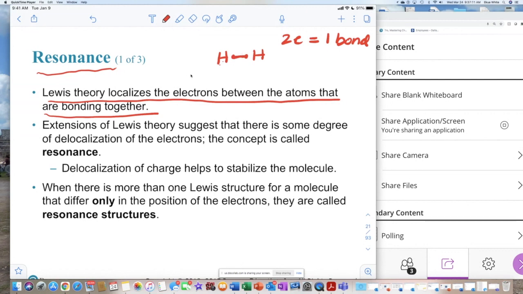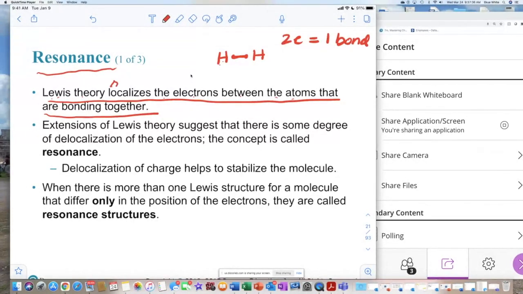And so Lewis's theory localizes the electrons between the atoms that are bonded together, which means that, well, localize means local, right? You can't define a word with the same word. It just means concentrated in, it's fixed in a certain area. When you say something is happening locally, you mean it's happening at a specific location and not somewhere else. So in other words, let me use a different word.